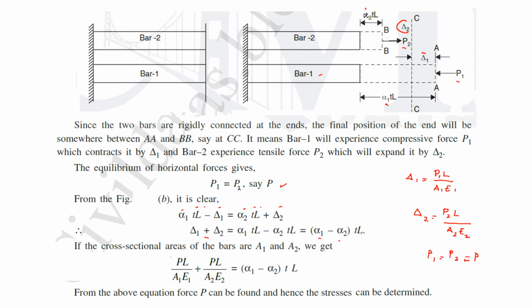Here, alpha 1 is the coefficient of thermal expansion of bar 1, alpha 2 the coefficient of thermal expansion of bar 2, T is the change in temperature, and L is the initial length of the bar. In this derivation, we have taken alpha 1 greater than alpha 2.